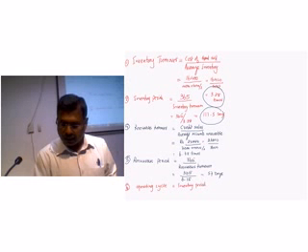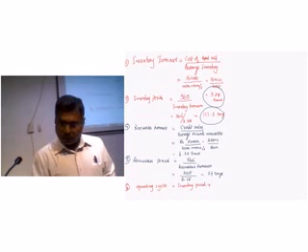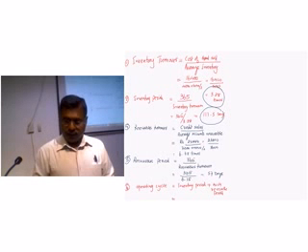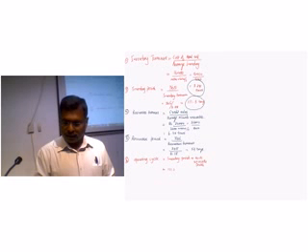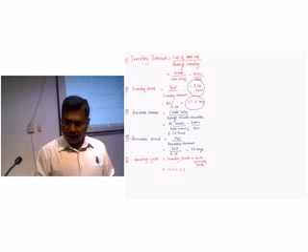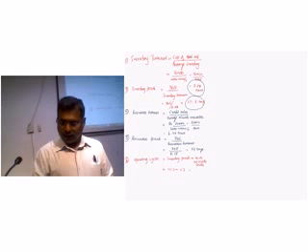Operating cycle is equal to inventory period plus accounts receivable period. We have calculated. It's very easy now.